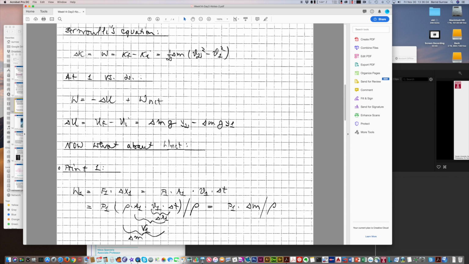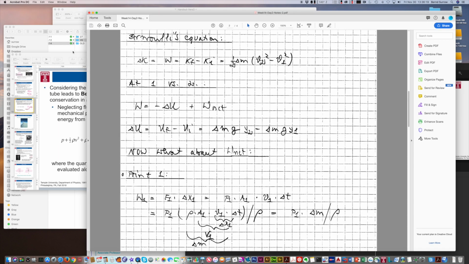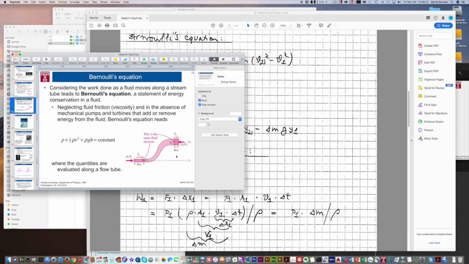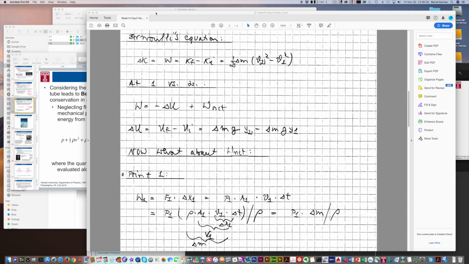So the kinetic energy theorem states that delta K, the change in kinetic energy, equals the amount of work done. So K final minus K initial equals a half delta m (V2 squared minus V1 squared). Now these indices V1 and V2 refer to this location 2 here at height Y2, and 1 referring to this location 1 here at height Y1.